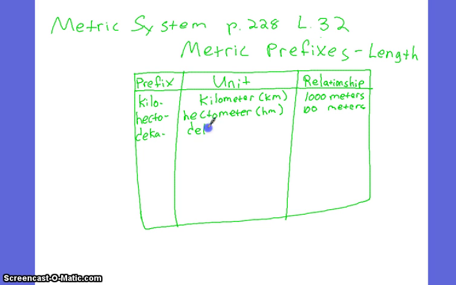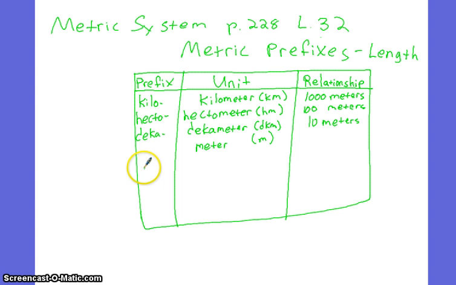So we have the decameter, which is DKM, and there's a reason why it's 2, and that's 10 meters, so we divided by 10 again. And of course, we have just the plain old meter. So we're talking about units of length, and that's indicated with a little m.